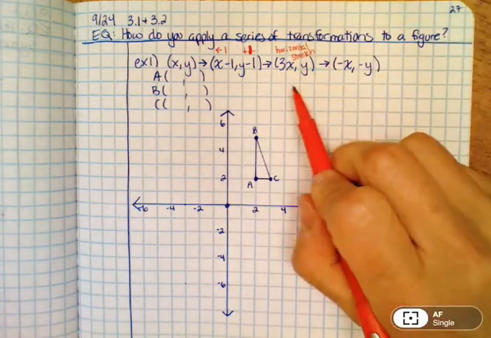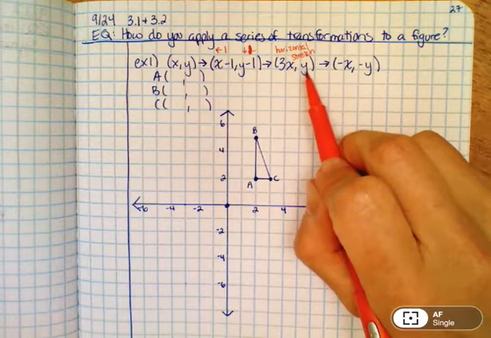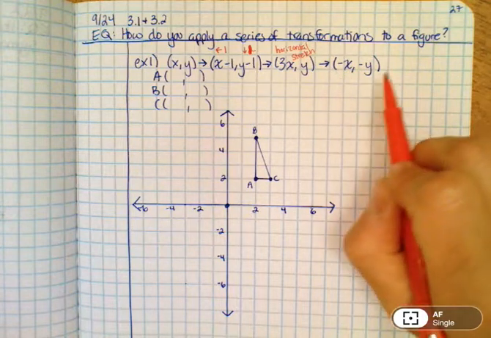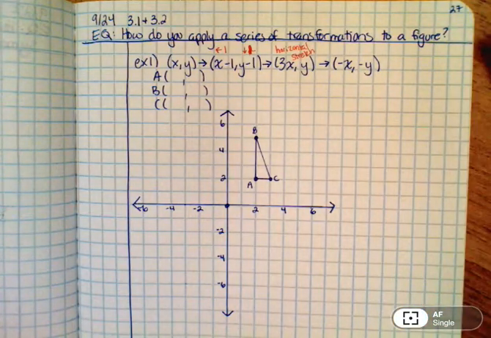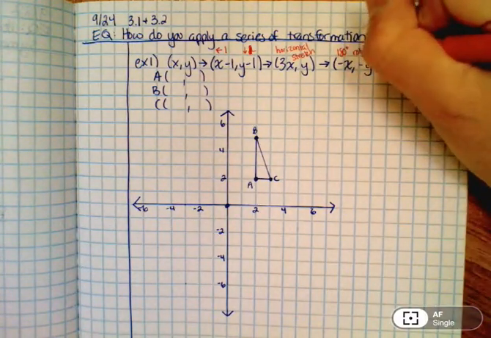So it should get 3 times as wide, but the height shouldn't change because y is unchanged here. And then my last transformation, this is just a rule that I happen to know and you may not yet, but this is going to be a 180-degree rotation.